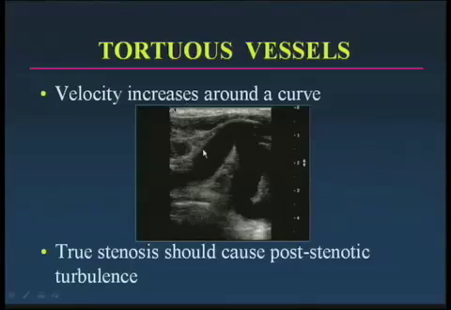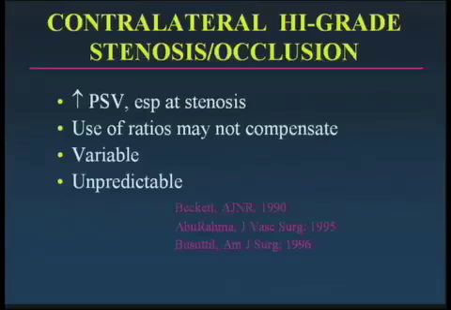And one of the things you can do to help you is, if you see that the vessel is very tortuous, you see on grayscale there's absolutely no plaque, you confirm that on color. And on the pulsed Doppler tracing, remember that any true stenosis ought to cause abnormalities in the waveform: post-stenotic turbulence, fill-in of the spectral envelope, and bruit.